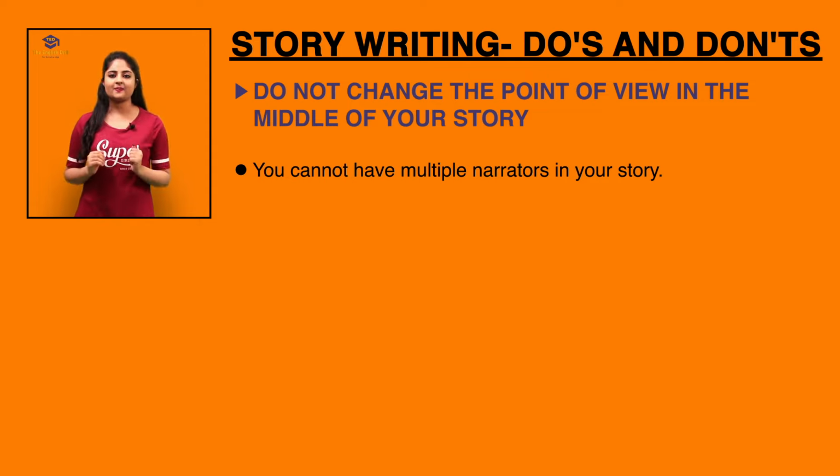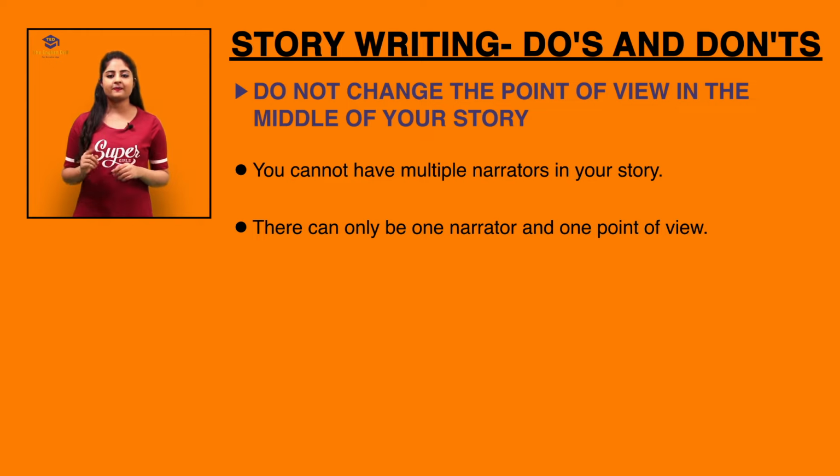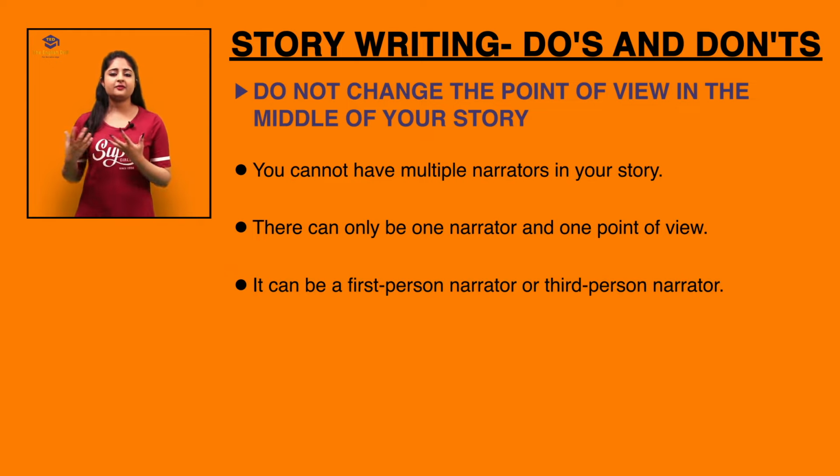There can only be one narrator and one point of view. That narrator can be a first-person narrator or an omniscient third-person narrator. That's all right. But the narrator has to remain the narrator throughout the story. You cannot have another narrator jumping in.